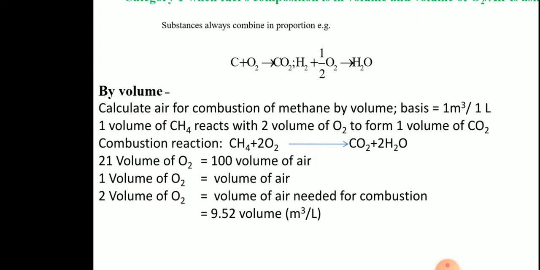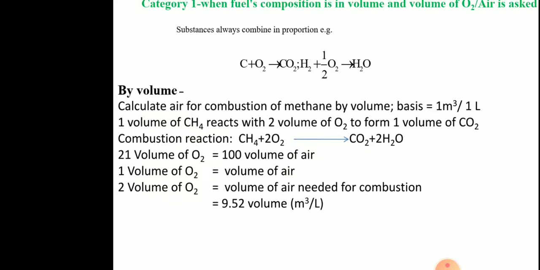So 21 volume of oxygen comes from 100 volume of air supply. So 1 volume of oxygen will come from 100 upon 21 volume of air. So 2 volumes of oxygen will come from 2 into 100 upon 21. Numerical value is 9.52 volume, maybe meter cube or liter.